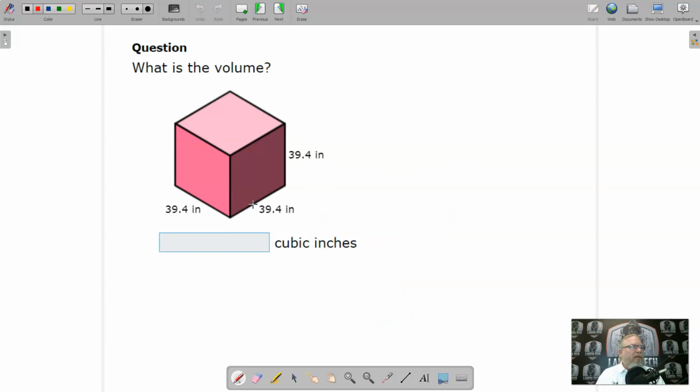What is the volume of this cube here? So we're kind of back to some easy stuff, right? Volume equals the side lengths cubed. So let's go ahead and plug that in. Volume equals 39.4, and we're going to cube that. So volume equals 39.4 to the power of 3, and gives us 61,162.984.